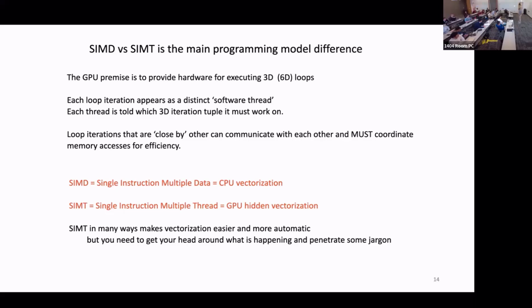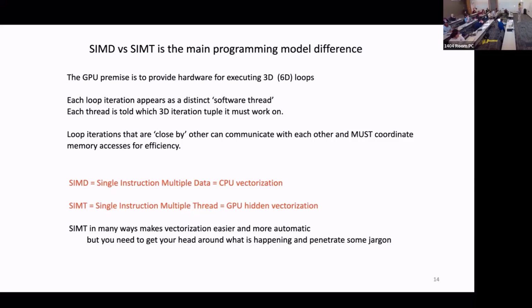And then the idea is that for each of these hardware units that you have, each of these single-instruction-controlled hardware execution threads, you are given access to a tuple that says what the coordinate is in this 6D system. And then the code that you write has to figure out what am I supposed to do for this particular work item, right?